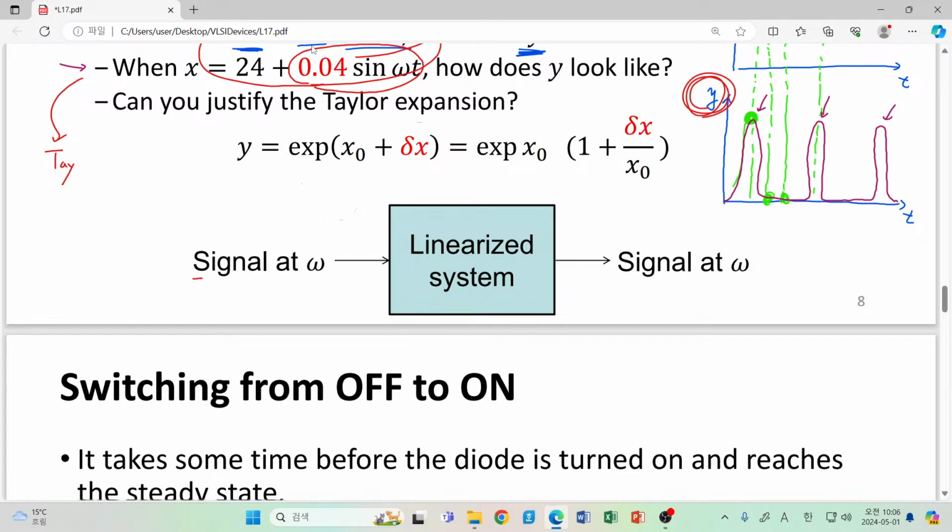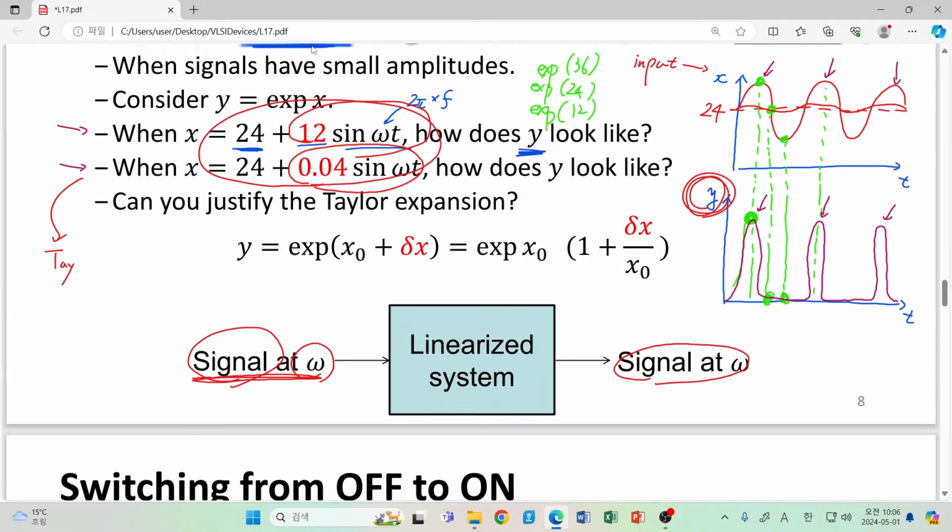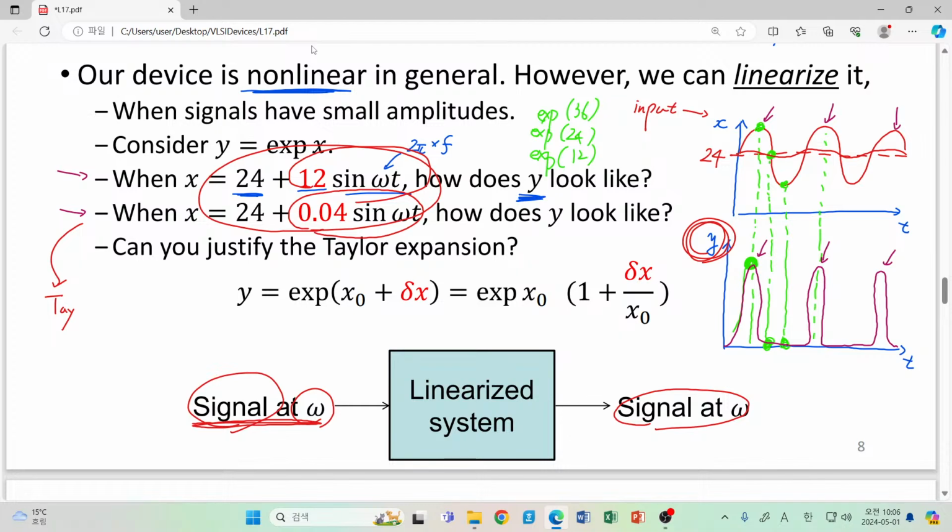So when we are allowed to do such a linear expansion, then we can say this: we supply this signal with a certain angular frequency, and the output will also be a signal with angular frequency omega. This is nothing but: we apply sine omega t, and the final result y also contains sine omega t. I recommend you draw this example by yourself, and also this example by yourself.